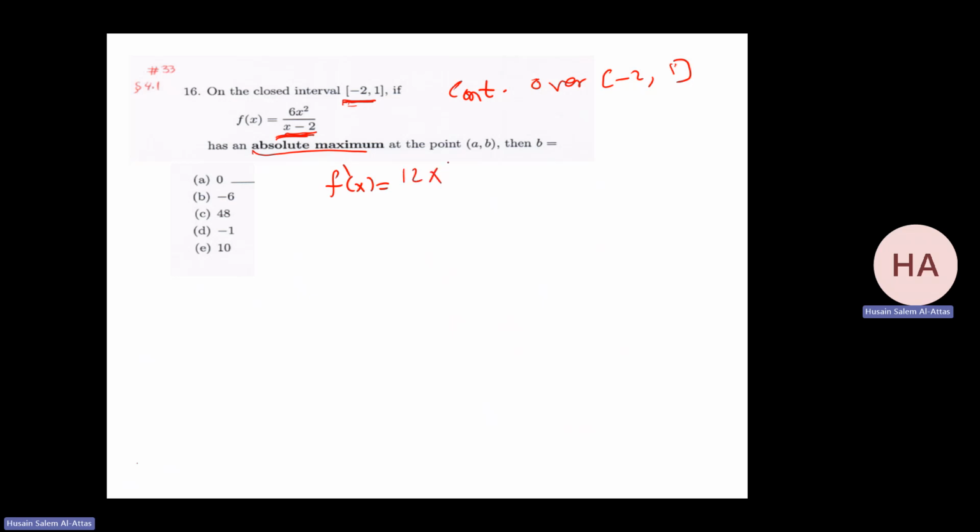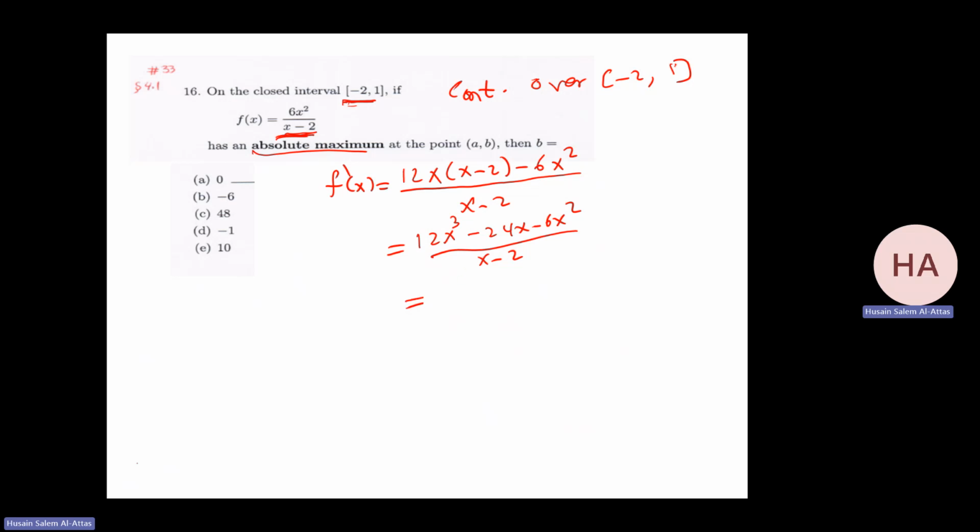Okay, 12x times x minus 2 minus 6x squared over x minus 2 squared. Yeah, that will be the derivative. Yeah, 12x times this minus 1 times 6x squared. Okay, so I have what? Be careful with the calculation. Let me do it easy. Yeah, don't rush it. 12x cubed minus 24x minus 6x squared over x minus 2.